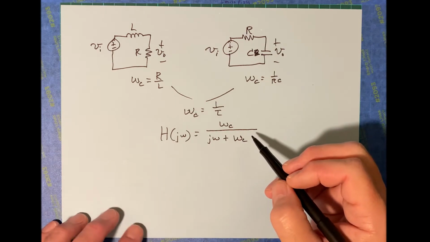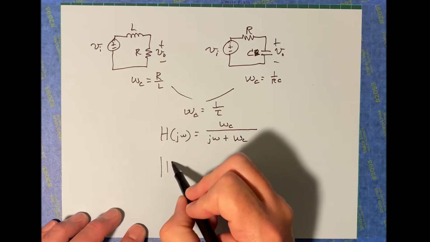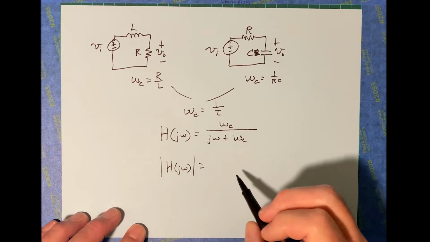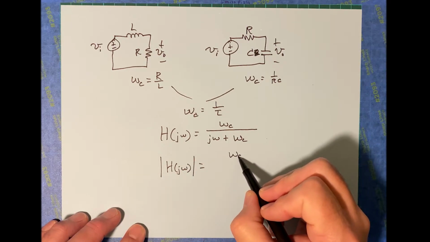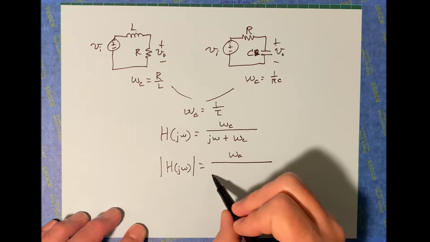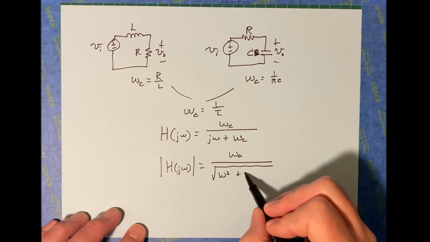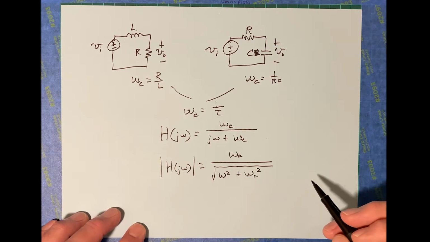You probably noticed that pattern. And the magnitude of H(j omega) is equal to omega sub c divided by the square root of omega squared plus omega sub c squared.